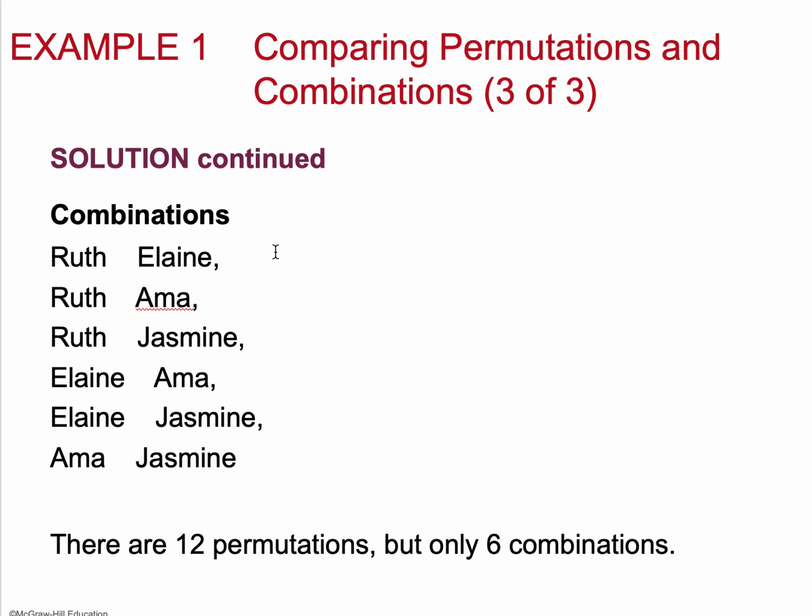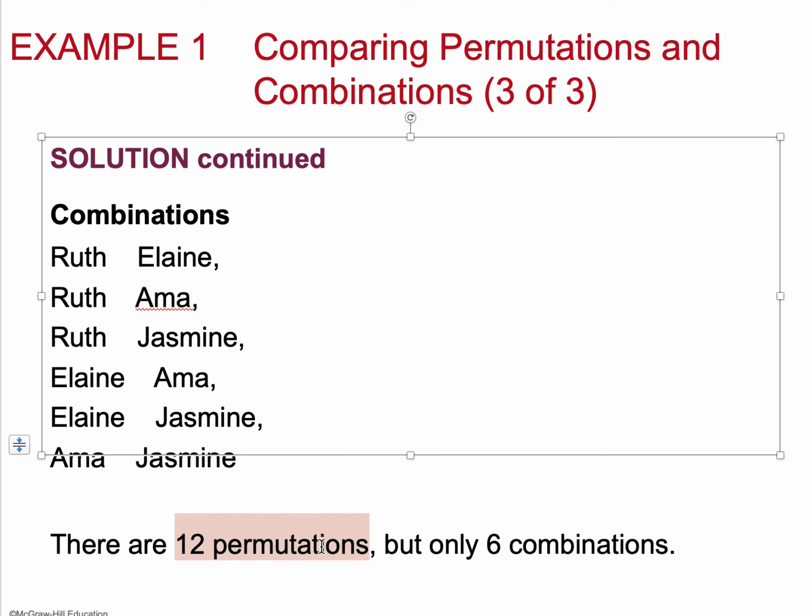In the combinations, order doesn't matter. So look at how many fewer there are. There are 12 permutations because we leave the repeats in there, but there are only 6 combinations because Ruth, Elaine is the same as Elaine, Ruth. So a combination is removing out those repeated sections.